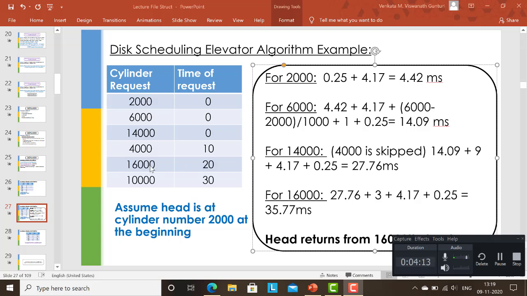In this case, the 16,000 has already come by the time you finish servicing this, right? So I will go ahead and process the 16,000 request and then return back.